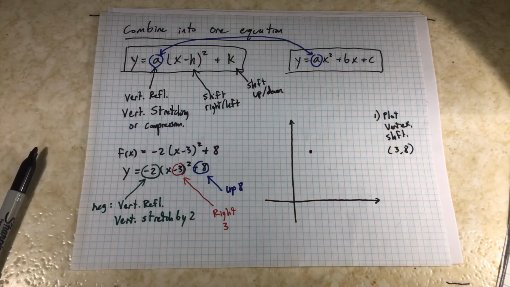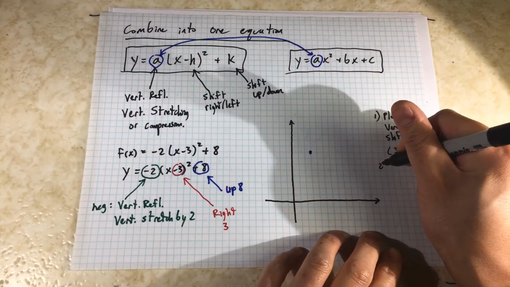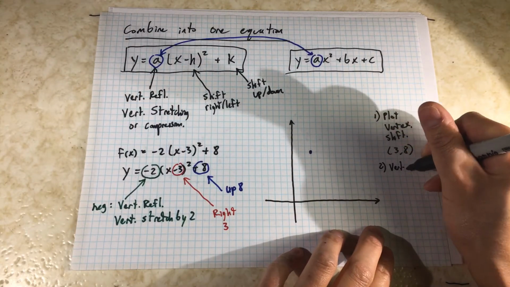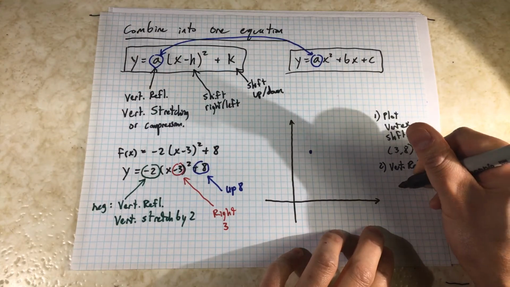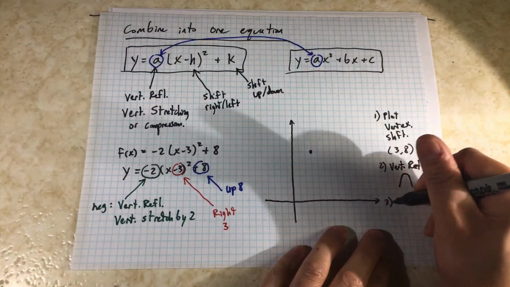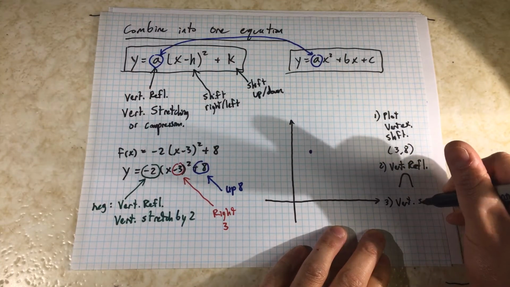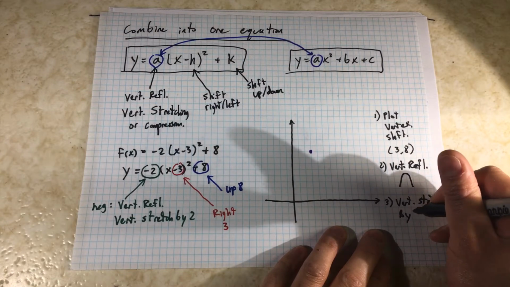Okay. The next thing we want to figure out is the vertical reflection. So the vertical reflection, it gets reflected, so it should be concave down. And then we have a vertical stretch. And the vertical stretch is by 2.